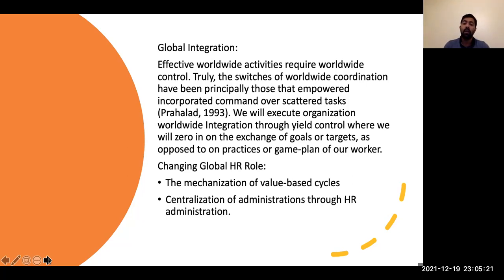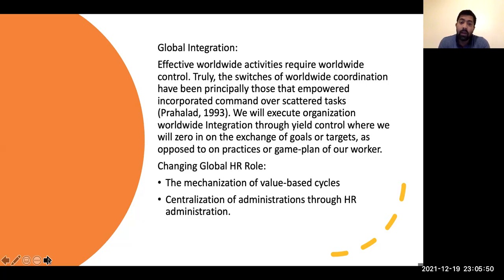We will execute worldwide integration through control, where we will focus on the exchange of goals as targets, as opposed to the practice or game plan for our workers. This is really important, because when a company has different departments globally, there should be good common coordination in terms of integration.